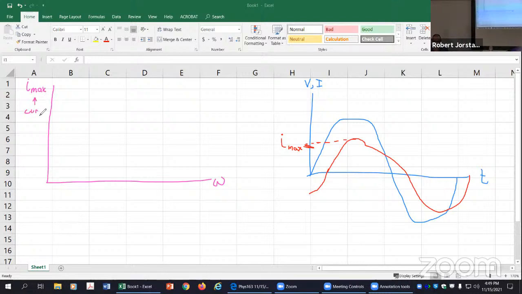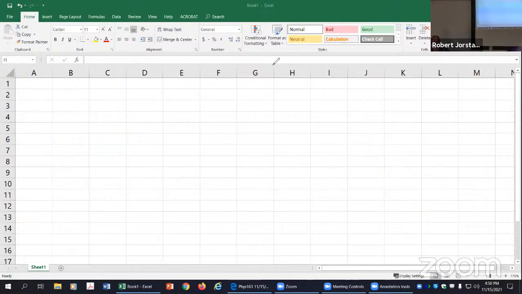If you recall, that plot kind of looked like this weird shape where there was a peak and then it went back down. As you got to really high frequency, there wasn't much current amplitude. At really low frequencies, there wasn't much current amplitude. And right at the resonance frequency, there was a lot of current amplitude. That's our goal to understand tonight, for starters. Everybody okay with that? I'm going to clear these drawings and let's get to work.